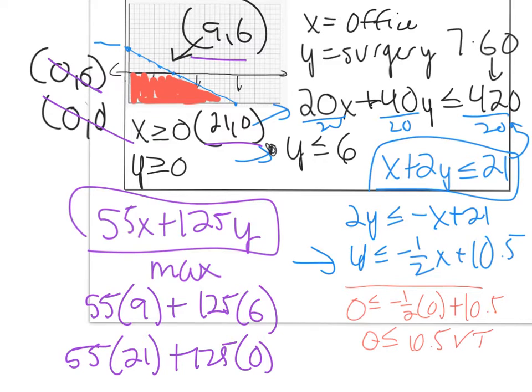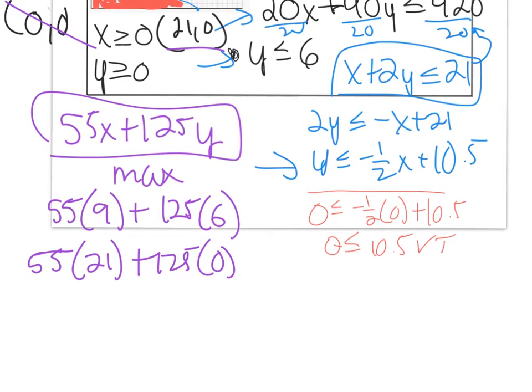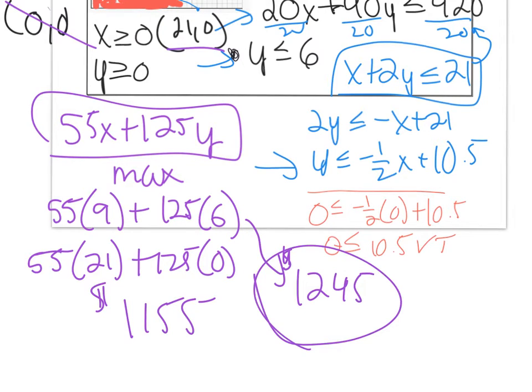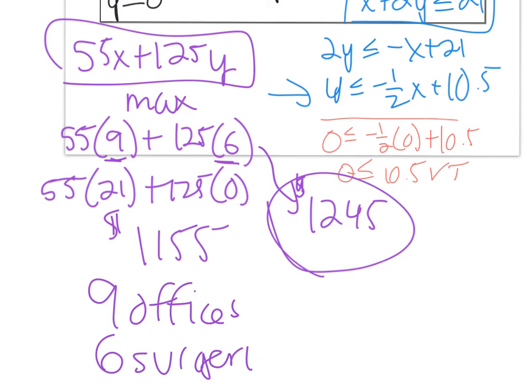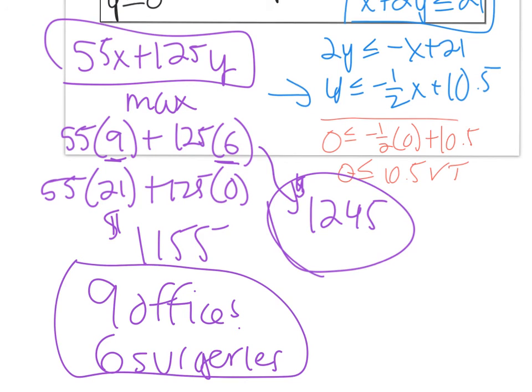So 9 times 55 plus 125 times 6 is going to equal $1,245. 55 times 21 is going to equal $1,155. So my maximum is going to be 9 and 6. So in order to maximize the day, I'm going to want 9 office visits and 6 surgeries.